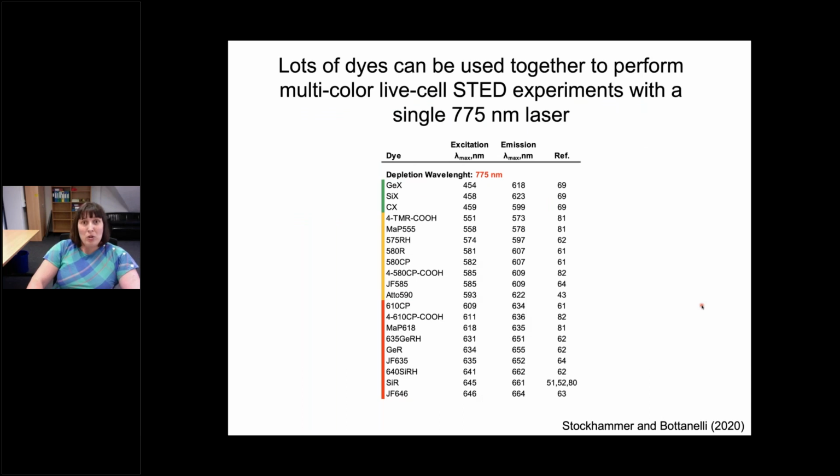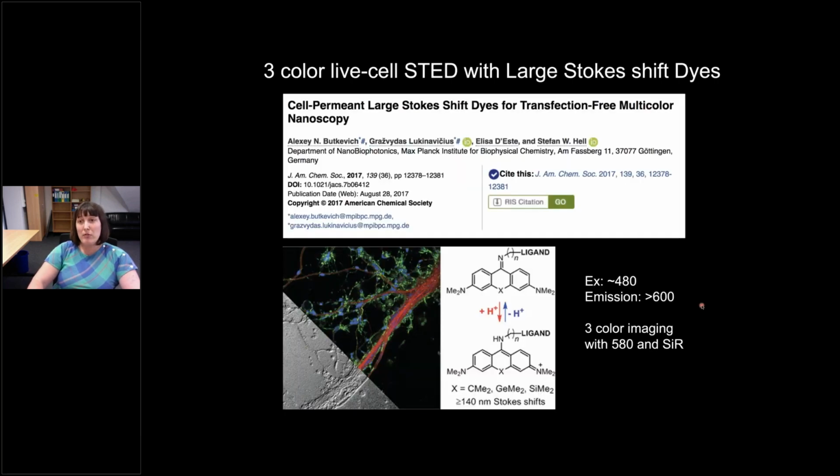What about more than two colors? This is actually being done. To do three-color live cell STED, Stefan Hell's lab, for example, has used a red and a far red dye together with a long Stokes shift dye that can be excited in the green range and emits very far out in the far red, so that you can hit it with that same 775 depletion laser.